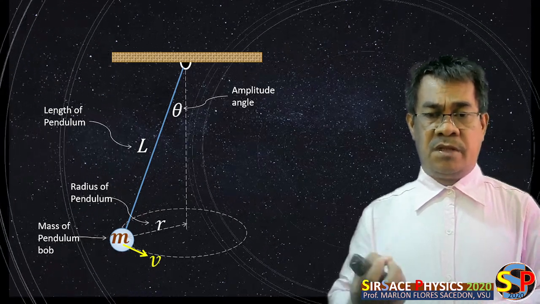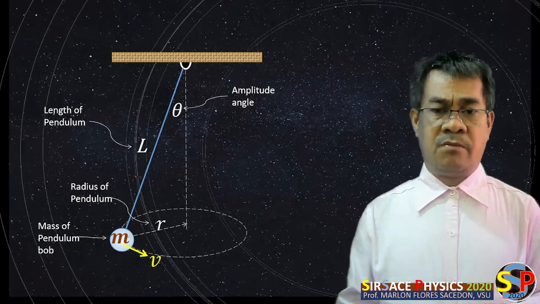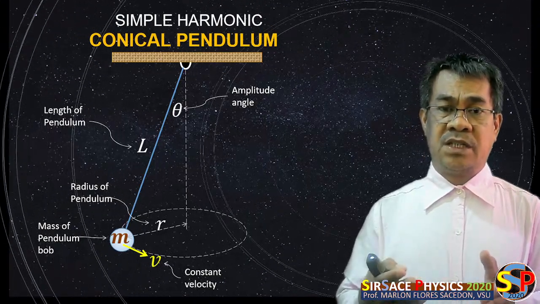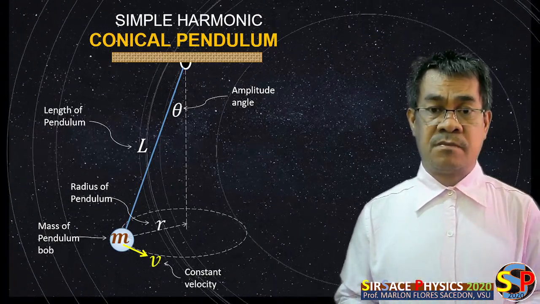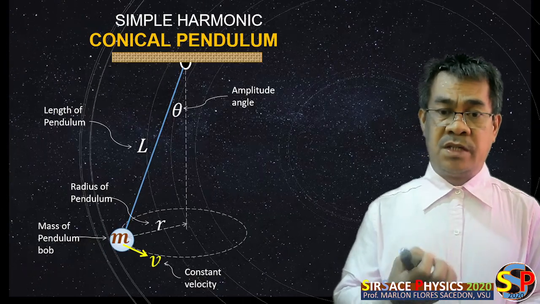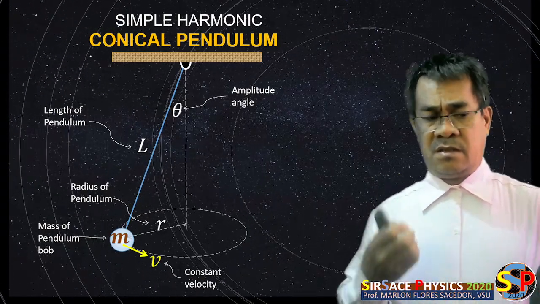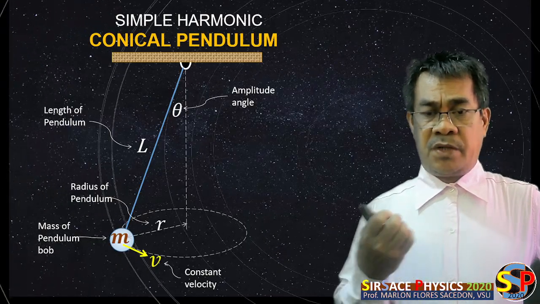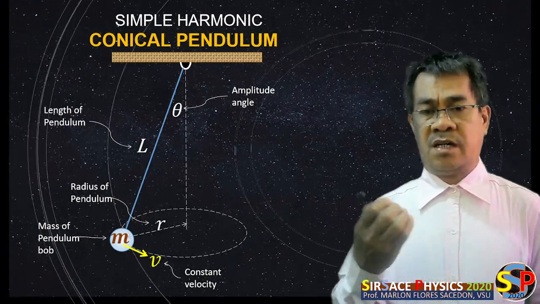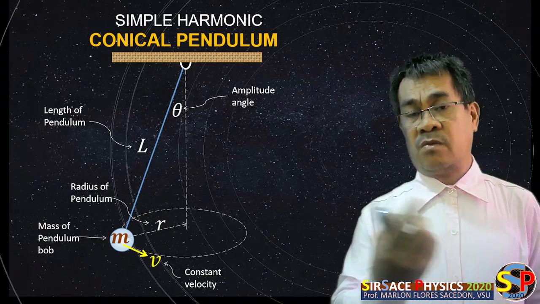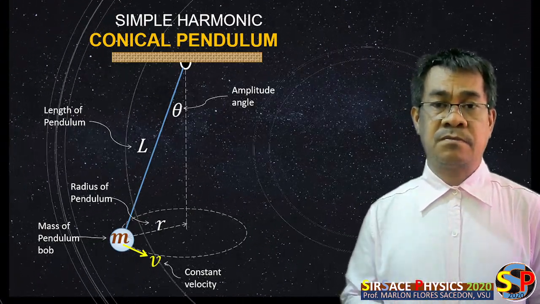Remember that we call it a simple harmonic conical pendulum because the speed is constant. Simple harmonic means the speed is constant and there is a so-called periodic activity, meaning the time for one complete revolution of the particle is constant.